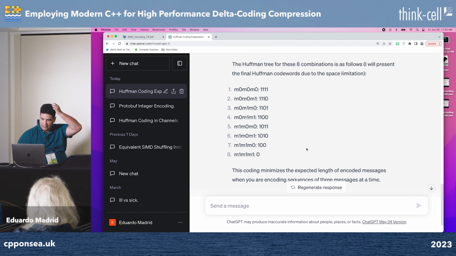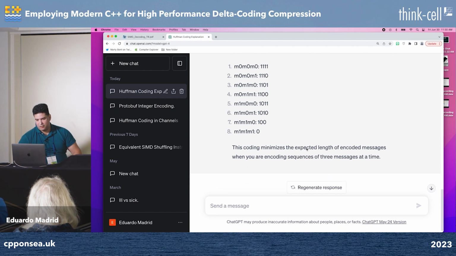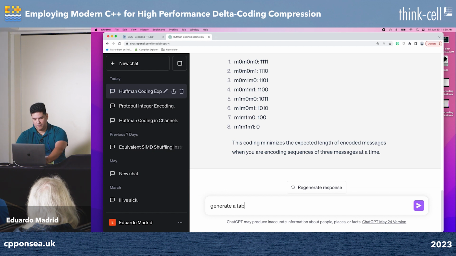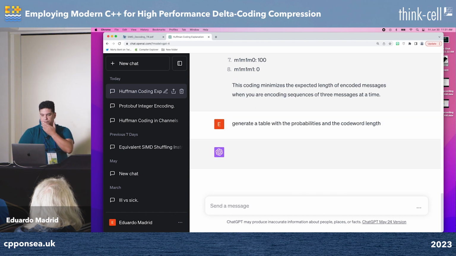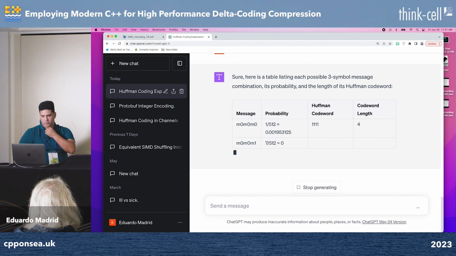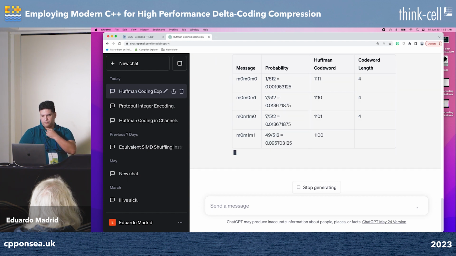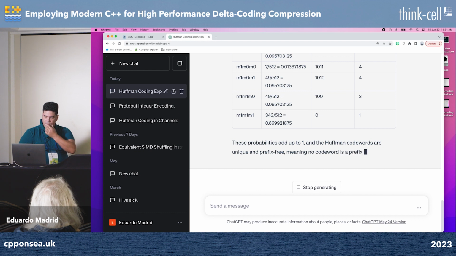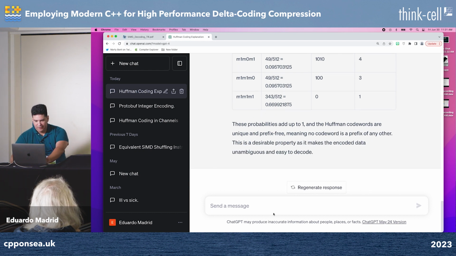Okay, so I believe that this is not correct because I am seeing the probabilities and the code word length. Unfortunately, this table is incorrect.